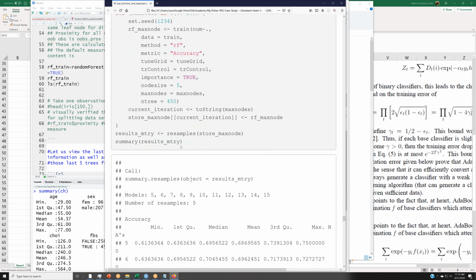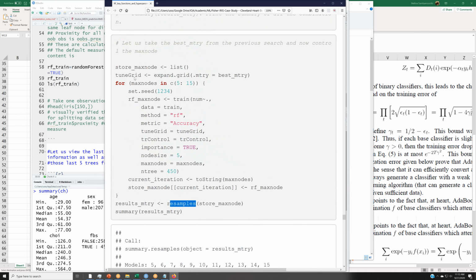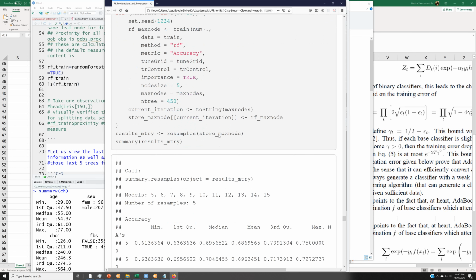Every time I'm using only 450 trees, and then I store the best model result, max node result, into the current iteration, and then store max node, and then the results will be resamples, max node, and then summarize the results mtry. Results mtry is the resamples. Within that we are selecting the max nodes, the node that matters in the solution.